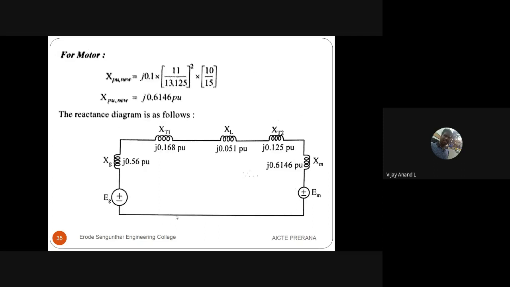And for the motor, XPU new, which is the last element of the single line diagram of the power system, we use the same formula.